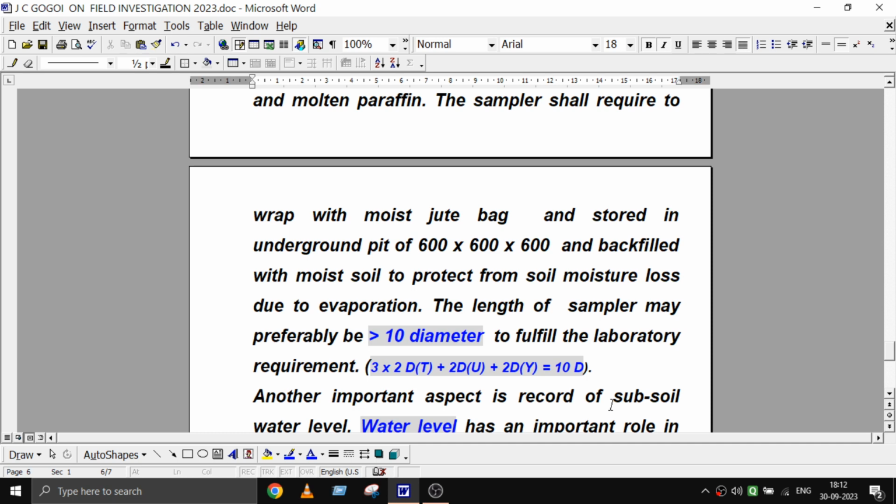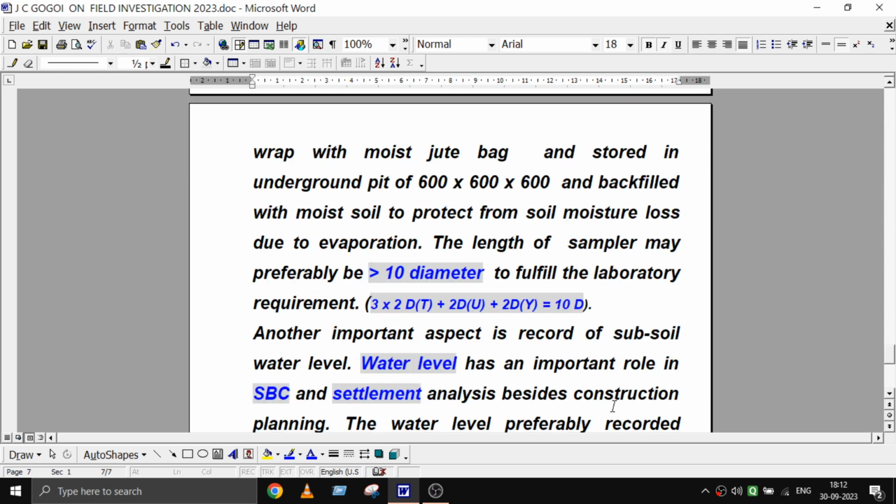Another important aspect of field investigation is the record of subsoil water level. In many cases, I found people pay less interest in recording the subsoil water level, which is a very wrong concept.